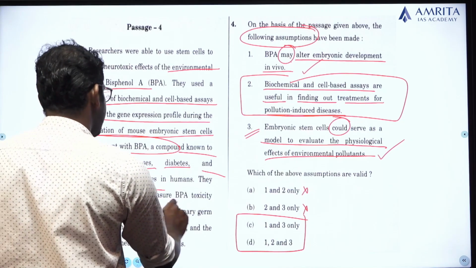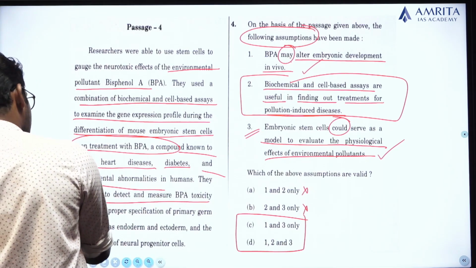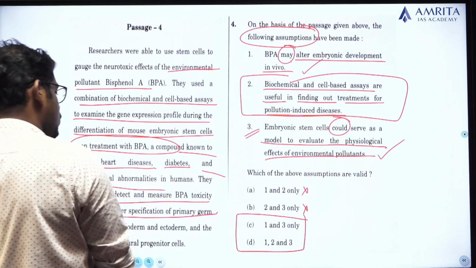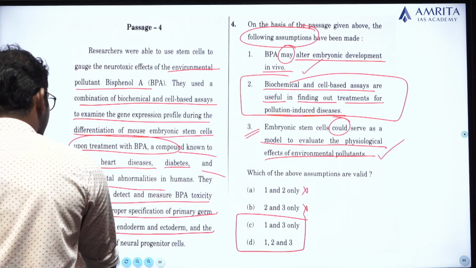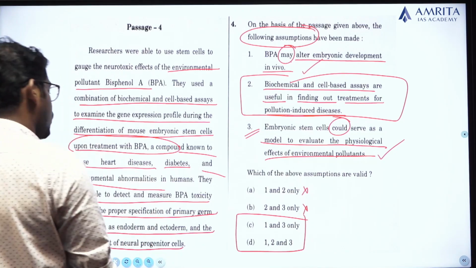They were able to detect and measure BPA toxicity towards the proper specification of primary germ layers such as endoderm and ectoderm and the establishment of neural progenitor cells.